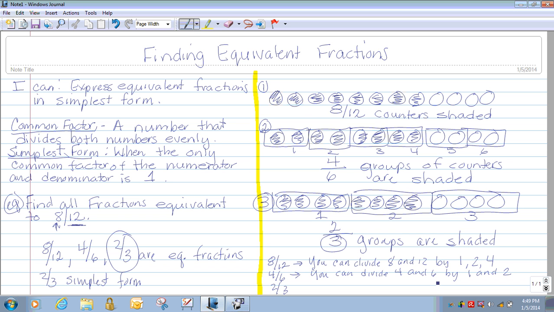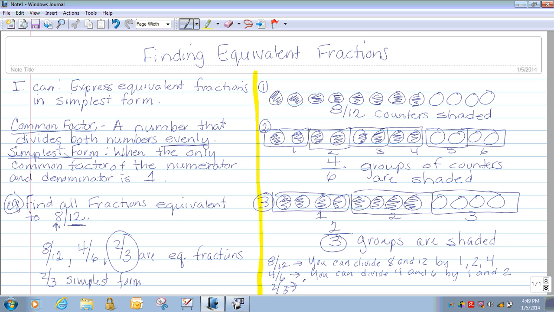We can't divide 4 into 6 evenly. Okay, that's where the common factor over here on our vocabulary comes in, a number that divides both numbers evenly. Well, 4 doesn't go into 6 evenly. So we can divide 4 and 6 by 1 and by 2.